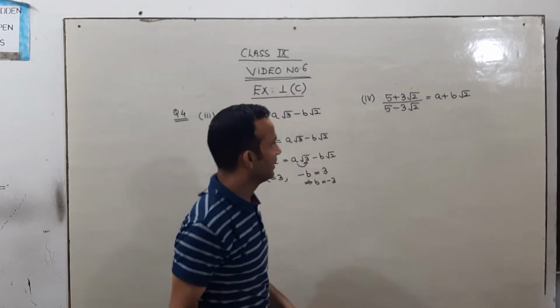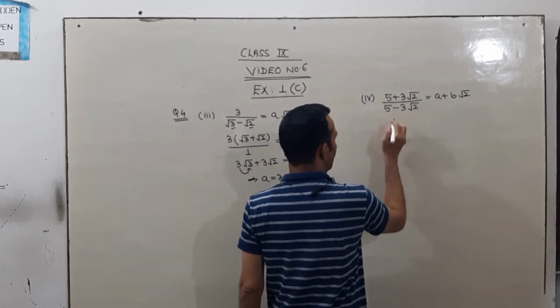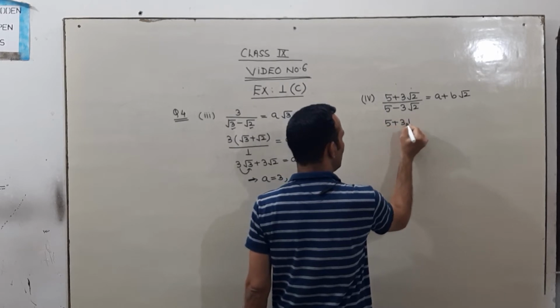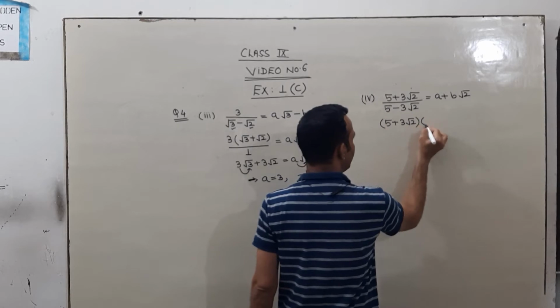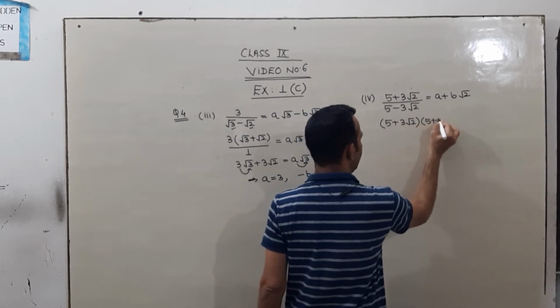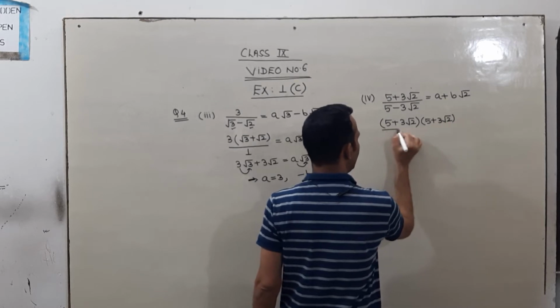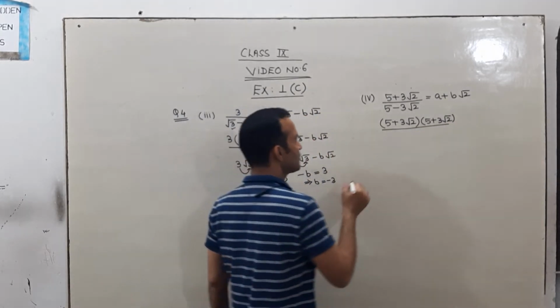Okay, see, we have already studied that in that situation we always rationalize the denominator. 5 plus 3 times root 2 multiplied with 5 plus 3 times root 2. And in the denominator we always apply a square minus b square.